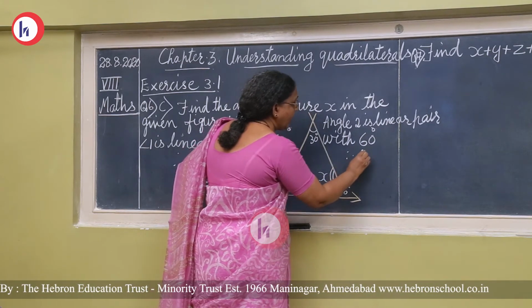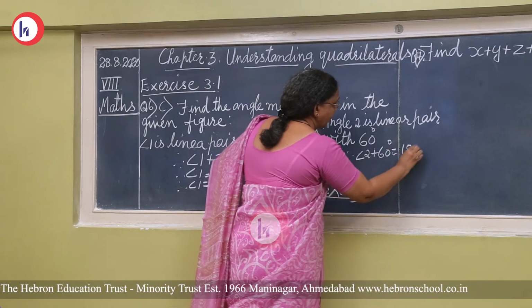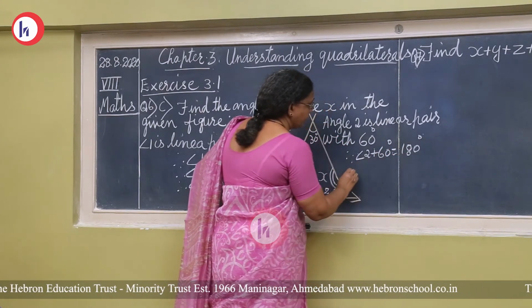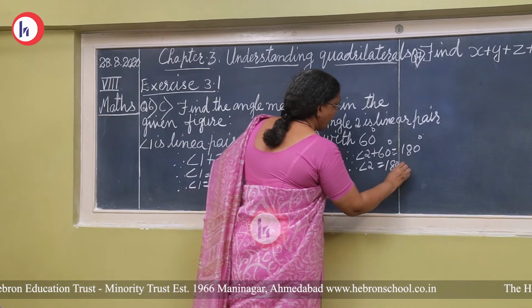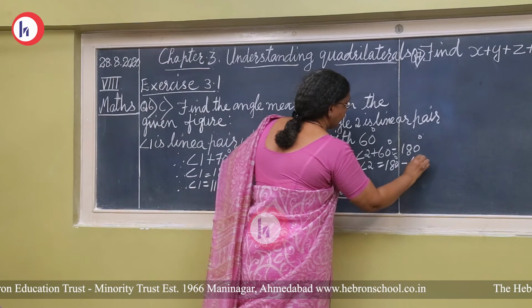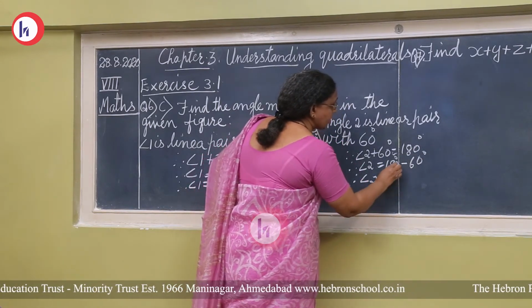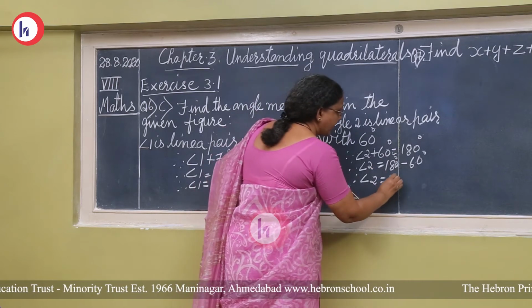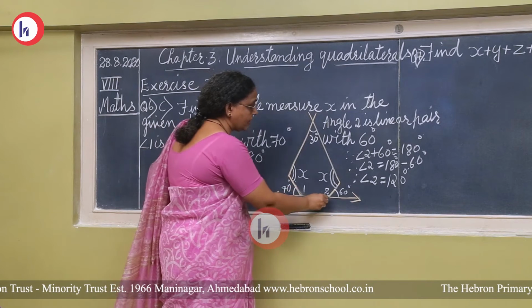So therefore, angle 2 plus 60 degrees is equal to 180 degrees. Therefore, angle 2 is equal to 180 degrees minus 60 degrees. How much will it be? 120 degrees. So we are getting both of these angles.